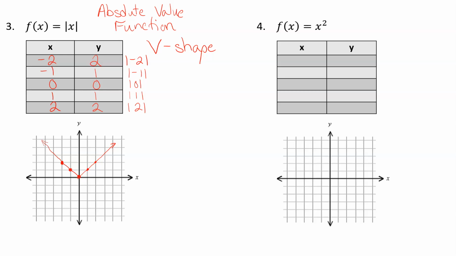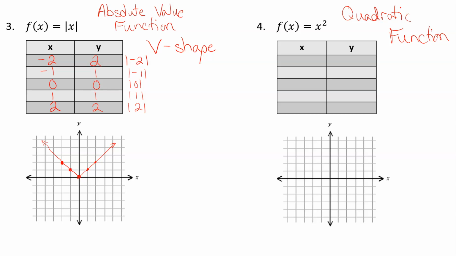Number 4 will be the basic graph for the quadratic function. We know that because the degree is 2. It's an x squared. X squared means quadratic. And we talked about the shape of a quadratic function when we were solving quadratic equations.